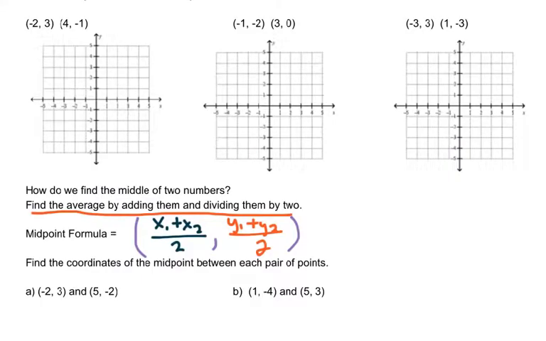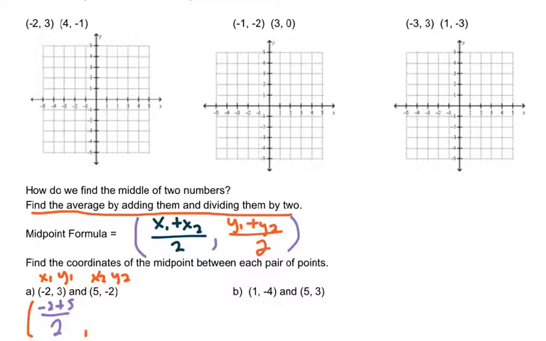So let's talk about the bottom. I'm going to see if I have enough space. It's going to be tight. So let's say -2, 3. So this will be x1, y1, x2, y2. If I'm adding my x coordinates, it doesn't matter because you're adding, you could switch the order if you'd like. -2 plus 5 divided by 2.